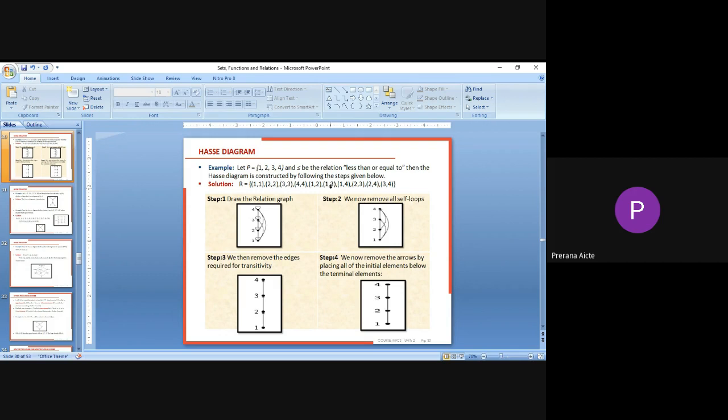Once you have identified the ordered pairs, first draw the relation graph. From the graph, remove the self loops, then remove the edges which follow the transitive property, and remove the arrows by placing the initial vertex below and the terminal vertex above. The final result we call a Hasse diagram.